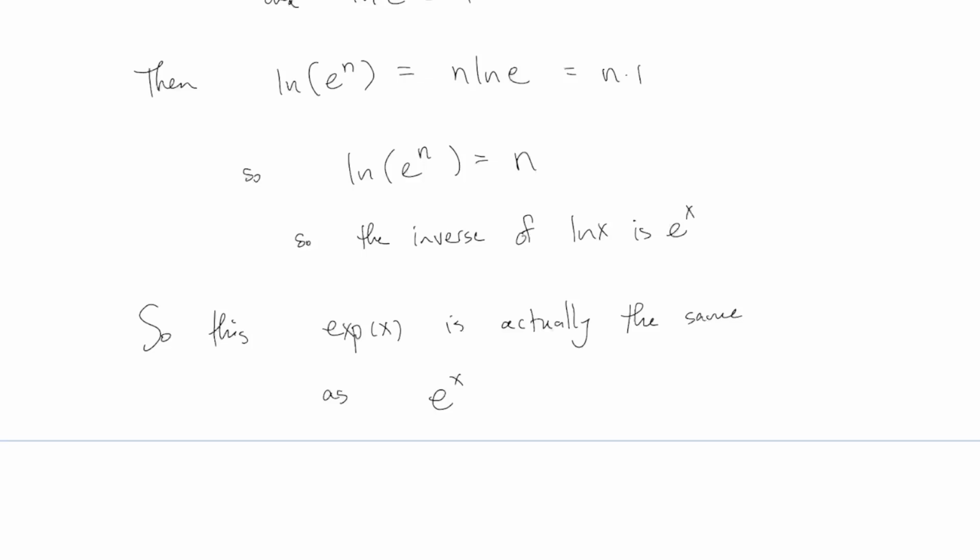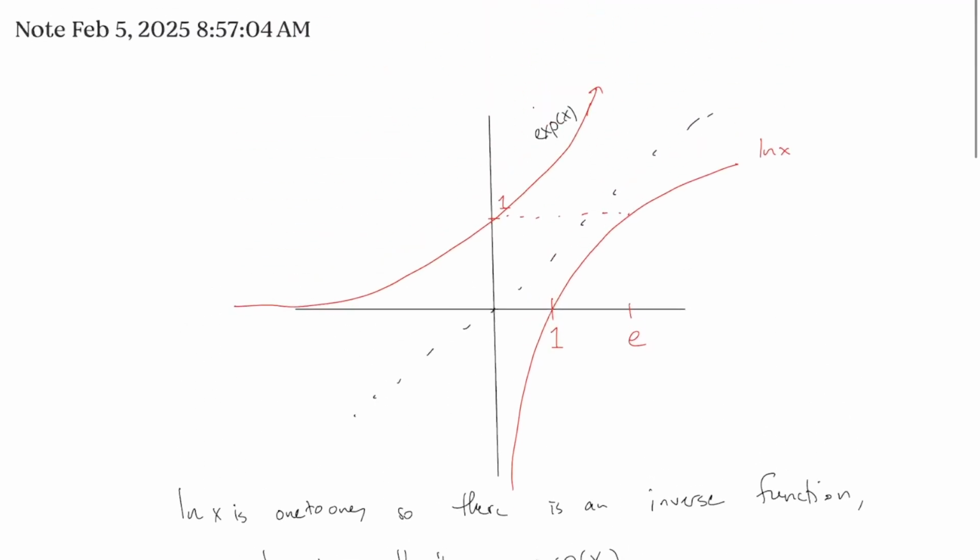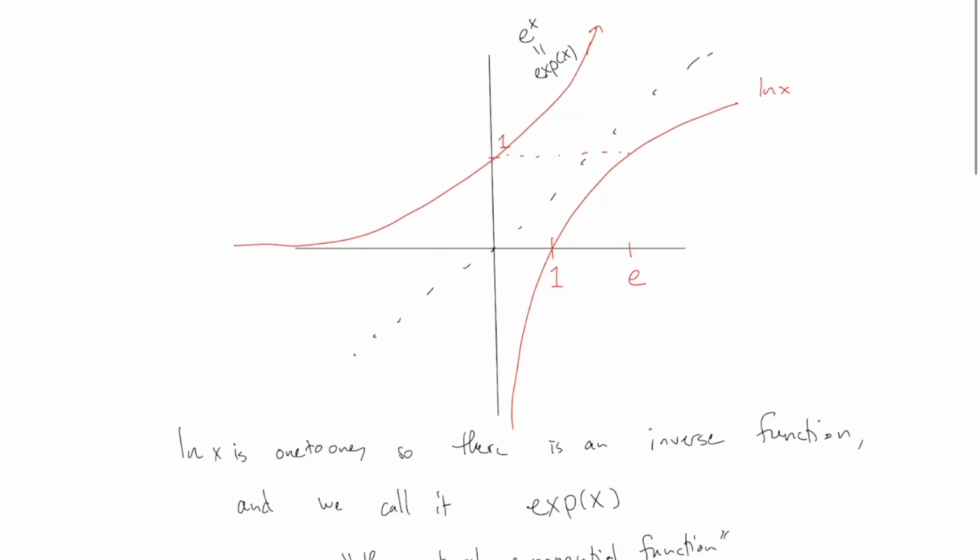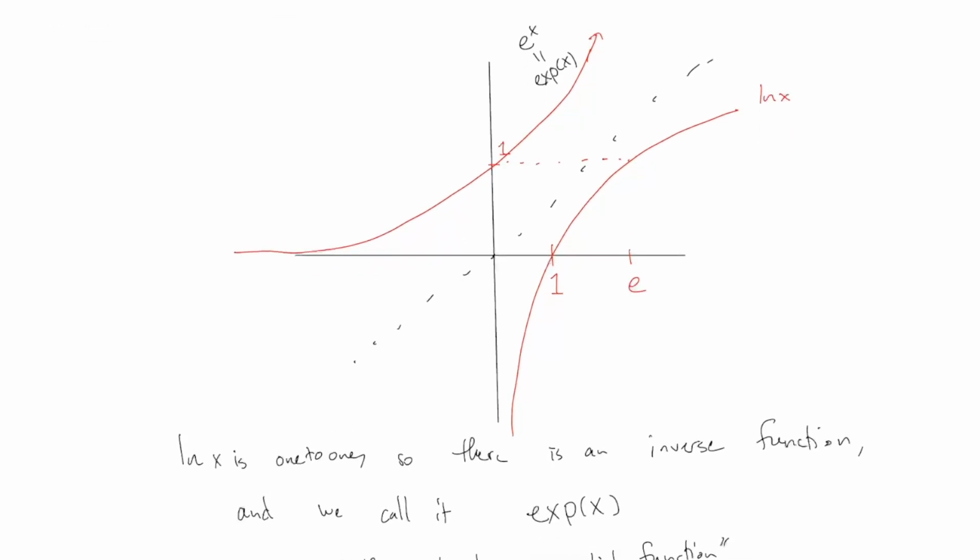And that's why e to the x is sometimes referred to as the natural exponential function, although usually people just call it e to the x. It is the inverse of the natural log function. It is the same as e to the power x, where e is that number. So I'm not going to write or say this exp anymore. This is where the connection between logs and exponential functions comes from.